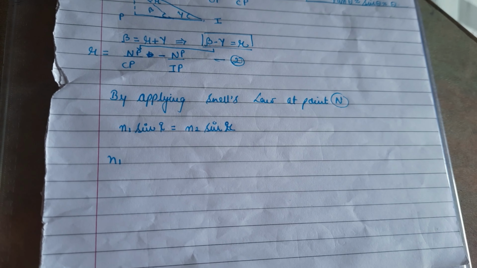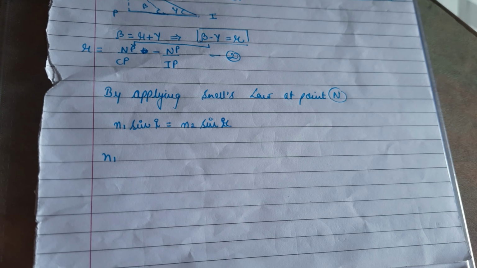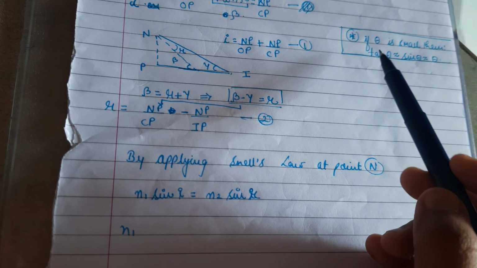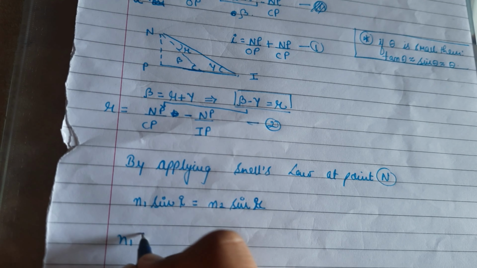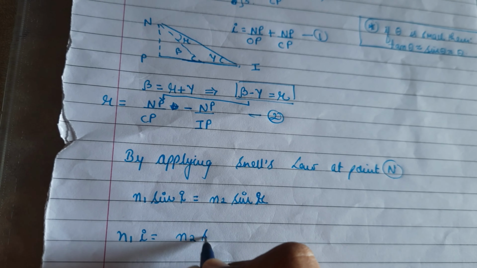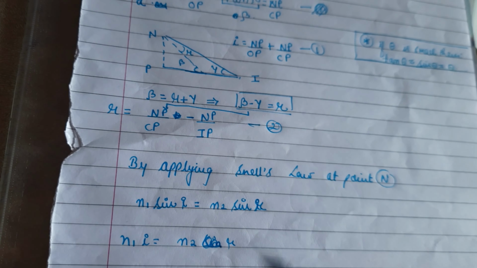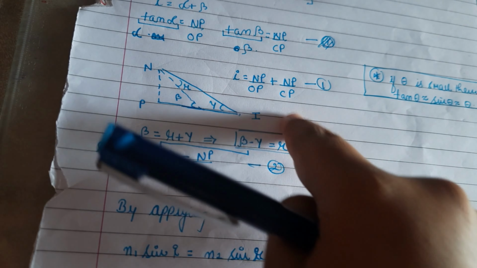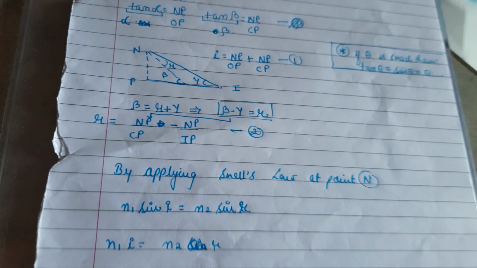Am I correct? Yes. So we can directly write i over here for sine i, and here directly r, not sine r, just r. Now from these two equations we know what is i and what is r. Why did we do this? Because theta is very small.